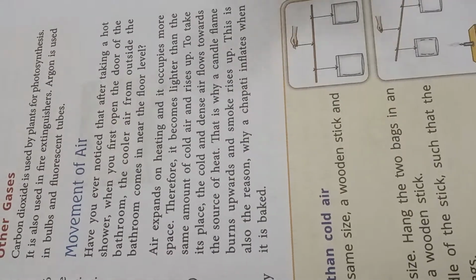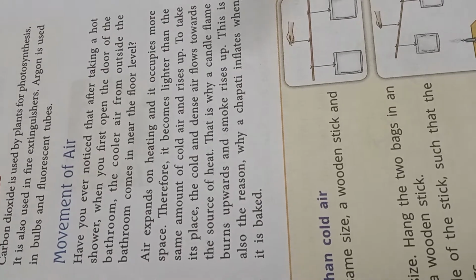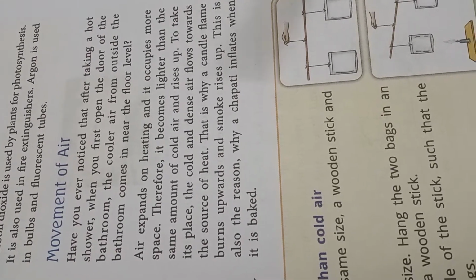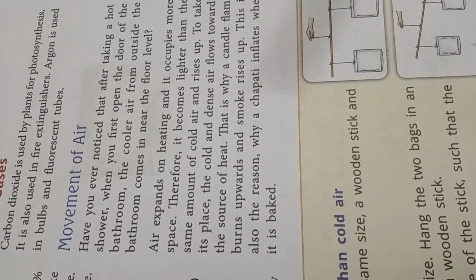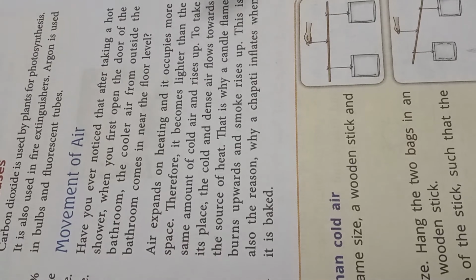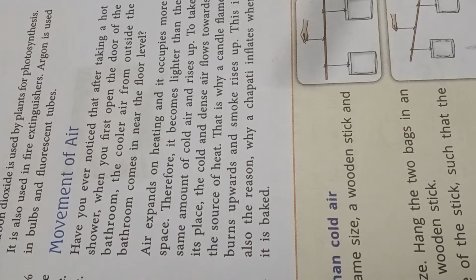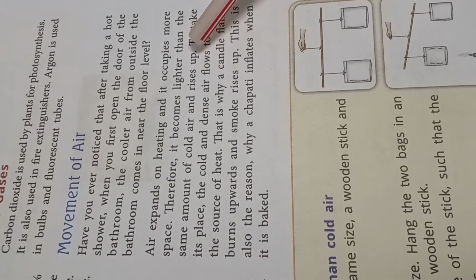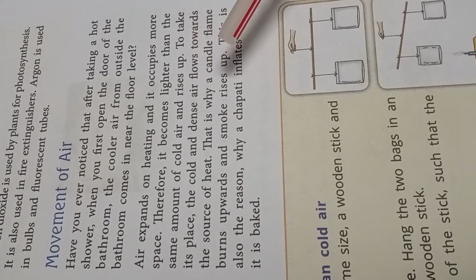So what actually happens is that air expands on heating. When you heat the water, the air expands and occupies more space, therefore it becomes lighter than the same amount of cold air.